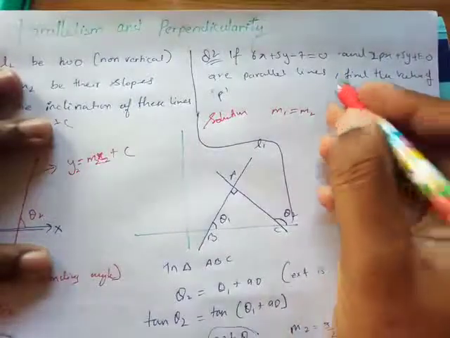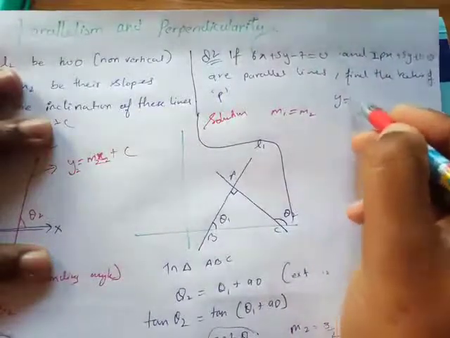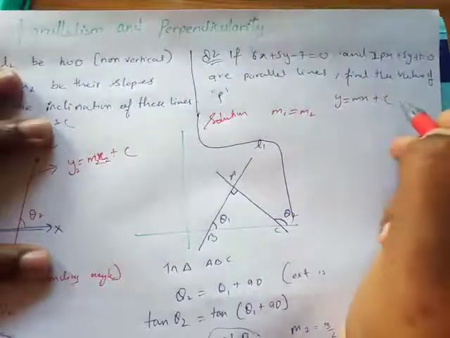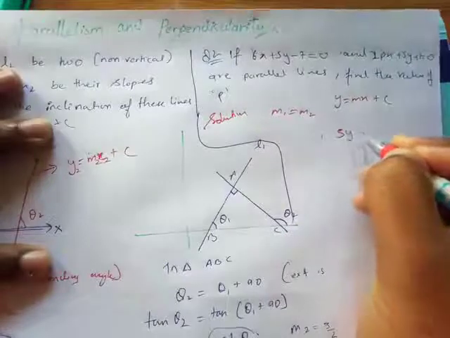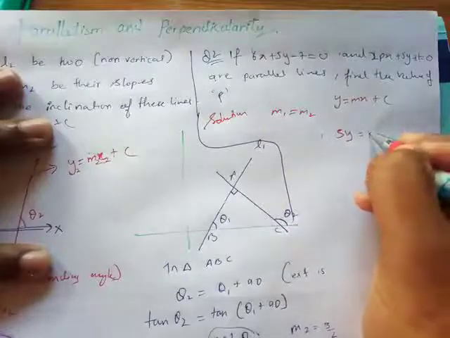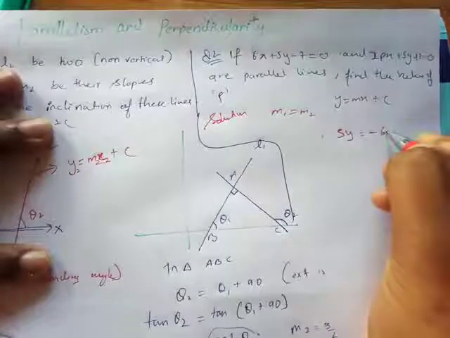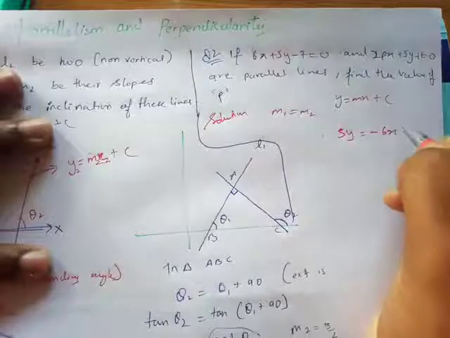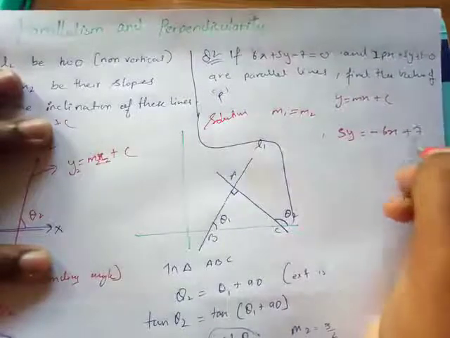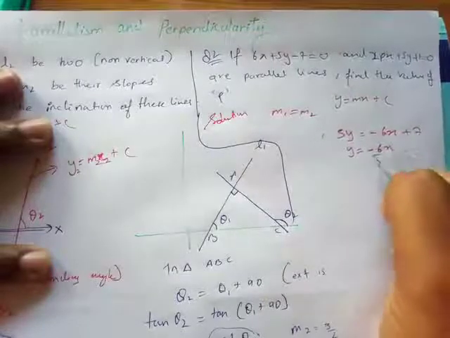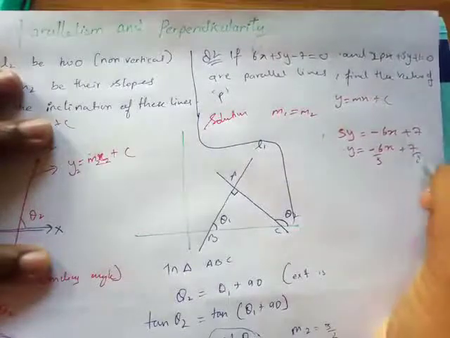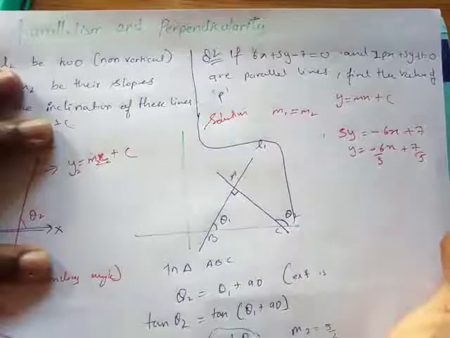So I'm going to make both equations in this form, y equals mx plus c. The first becomes 5y equals -6x plus 7, and y equals -6 over 5 x plus 7 over 5.